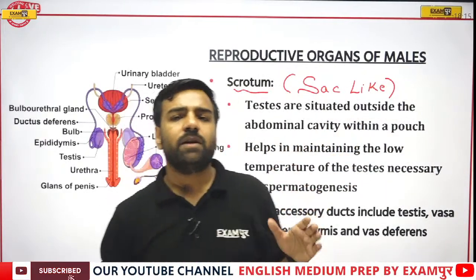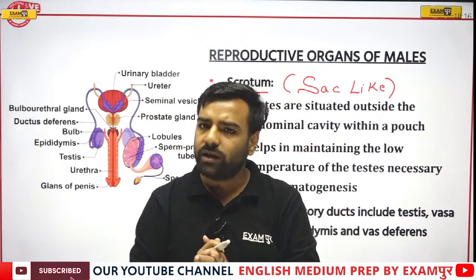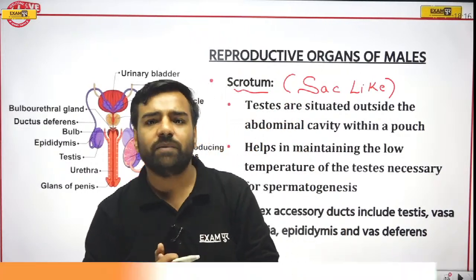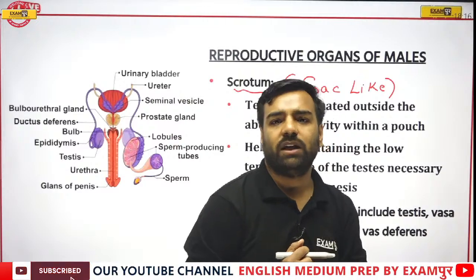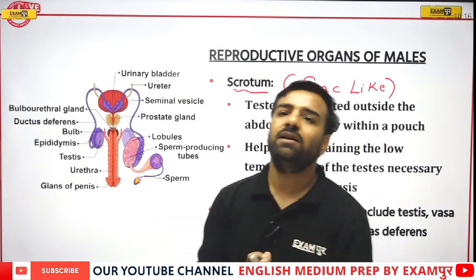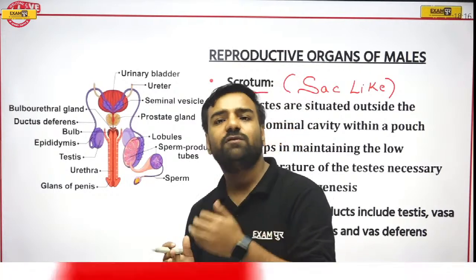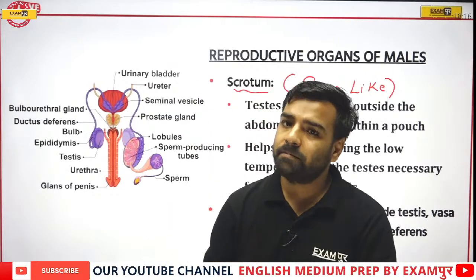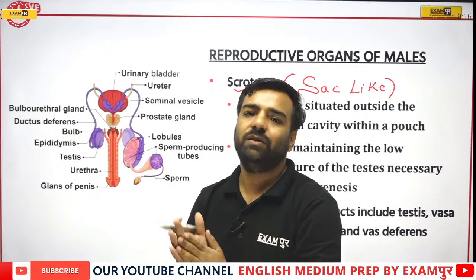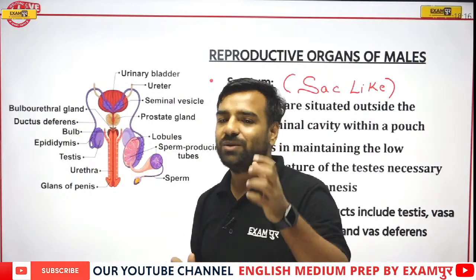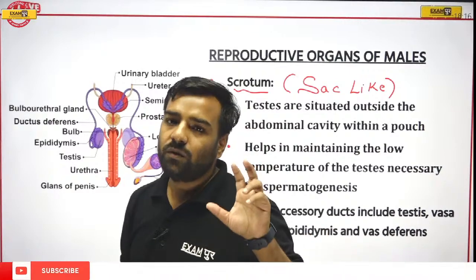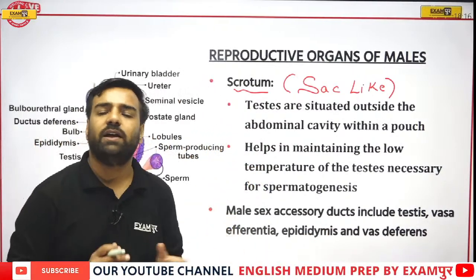Now, what's that? Whatever the temperature of a body is, let's see who will give this answer. What's the normal temperature of a body, when we say that we are perfectly fine? Who can give me this answer? This question is from the physics part, no doubt, but everything is related to each other. We are science students. So yes, my question is, what is the normal temperature of the human body?